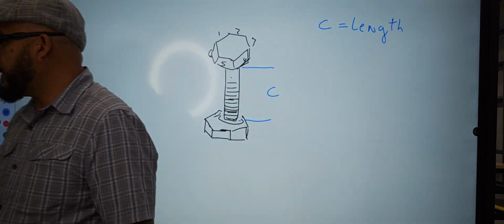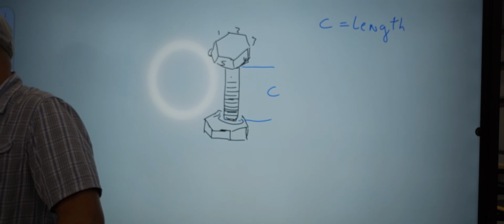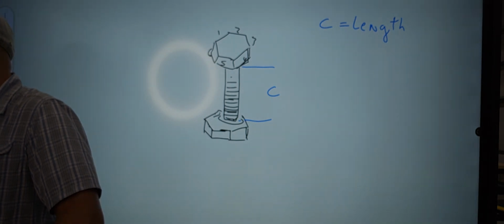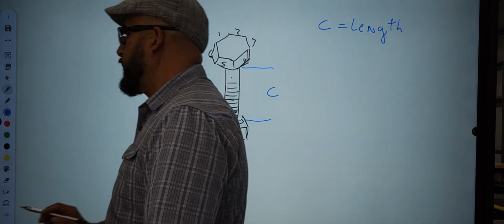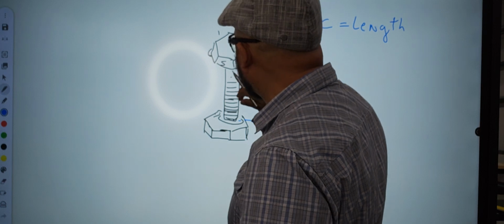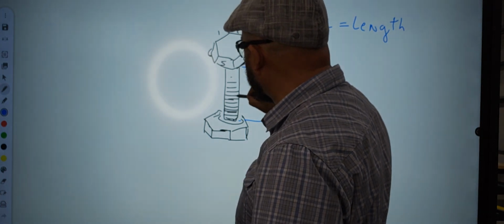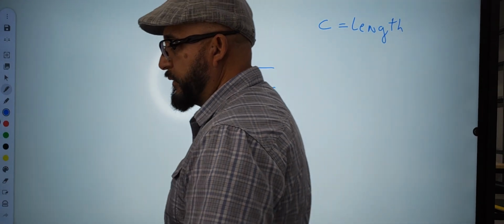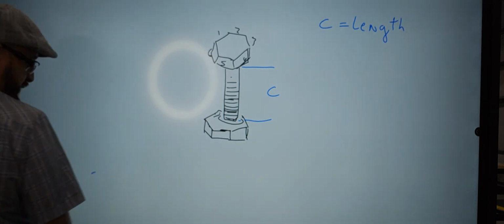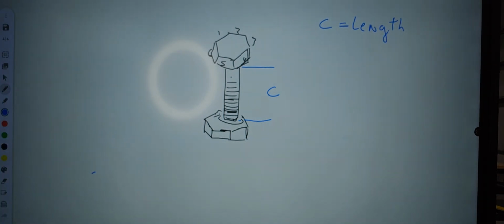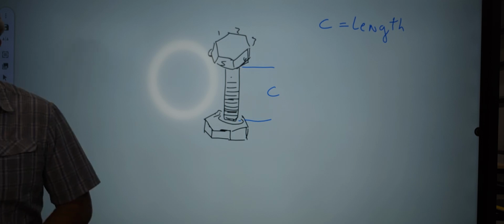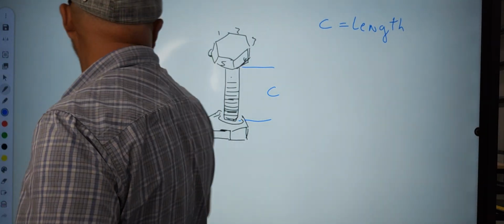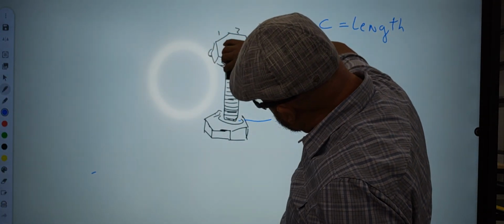Then you have the grip length of the bolt. Some bolts don't have threads all the way through. They only have threads that go to a certain location.